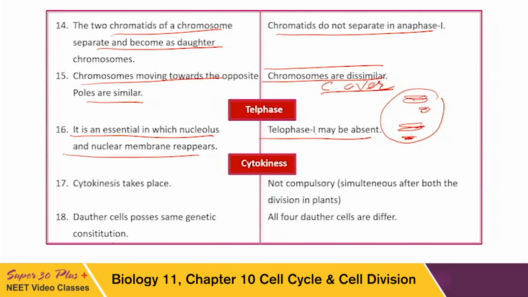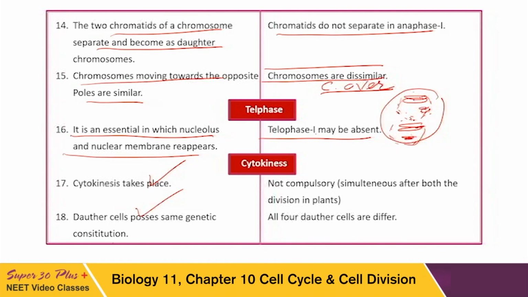These chromosomes will remain without development of the nuclear membrane, because in time to come, in meiosis second prophase, this nuclear membrane has to disappear again. Therefore, just to save energy, there is no need for the nuclear membrane to appear here. Cytokinesis is essential. Daughter cells possess the same genetic constitution.